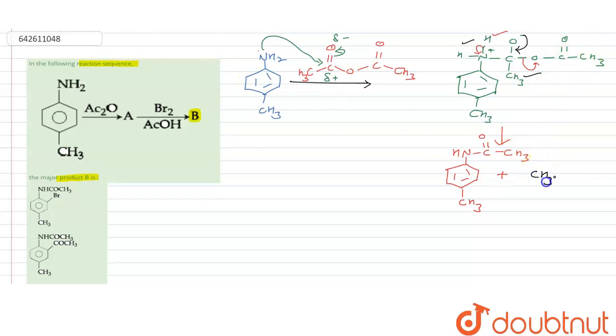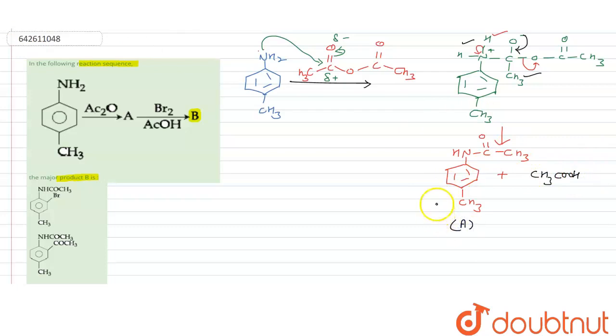This CH3COO negative will capture the proton, giving H positive and CH3COOH. So this is our product A.